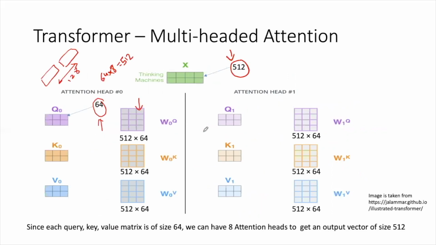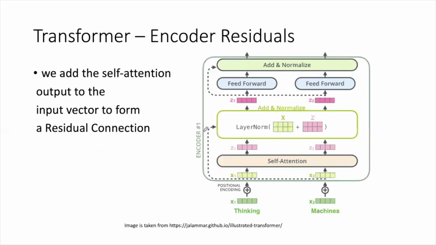We have a layer normalization layer in between, which normalizes the contextual representation for each word. It first calculates the addition between the contextual representation and the original input x1. So z1 plus x1 gives some new vector. Similarly, z2 plus x2 gives a new vector.